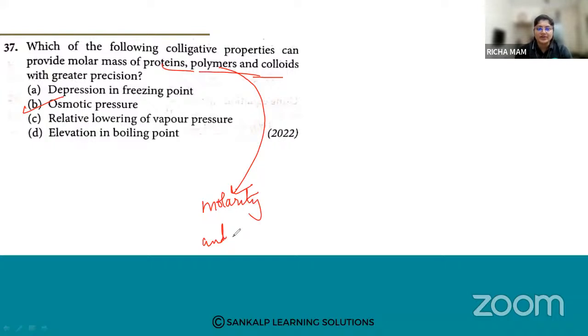So osmotic pressure we are considering when calculating the molar masses of protein, polymers, and colloids. So option number B. Okay, let us go for the next one.